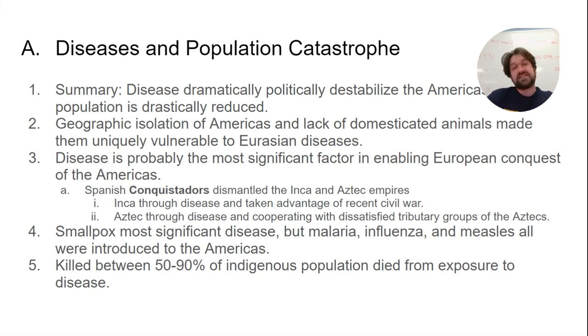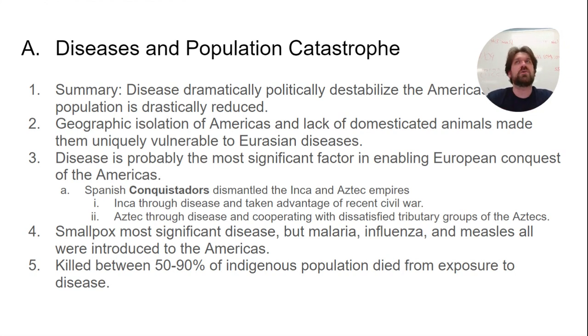Two great examples of how impactful these diseases were on the conquest of the Americas would be the consequences of the Spanish conquistadors in Meso and South America. In South America, there are some distinctive circumstantial impacts. This happens closer to the middle of the 16th century, in the 1540s-ish, when Francisco Pizarro makes contact with the Inca, this massive state that we've talked about in Units 1 and 2.